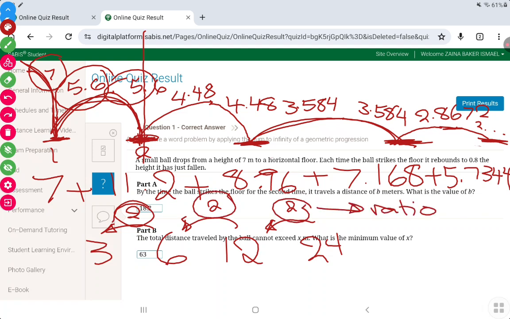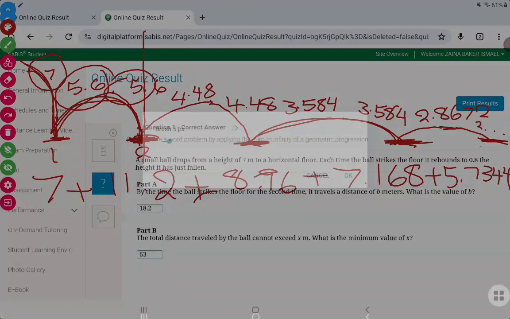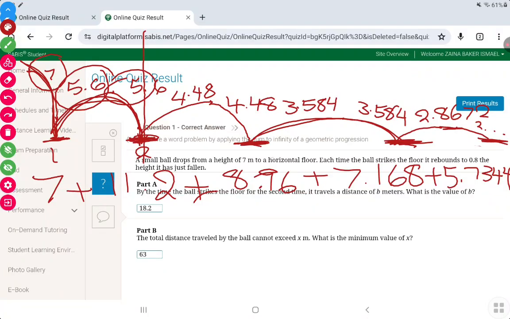So back to the question we have here. We now have a sequence of numbers, right? We now have a progression of numbers. This progression can either be arithmetic or geometric.